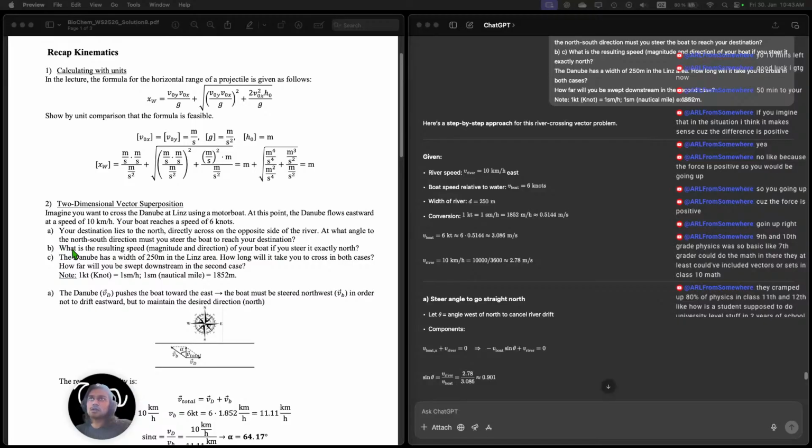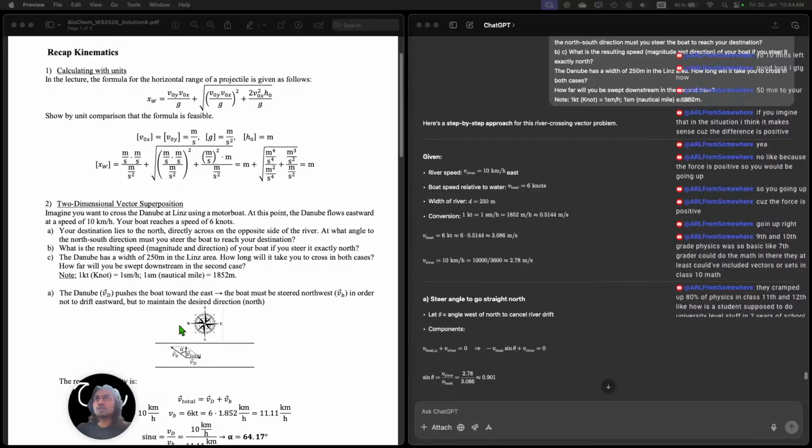At what angle? What is the resulting speed, magnitude, and direction of your boat if you steer it exactly north? What is the resulting speed? The Danube has a width of 250 meters in the Linz area. How long will it take you to cross in both cases?